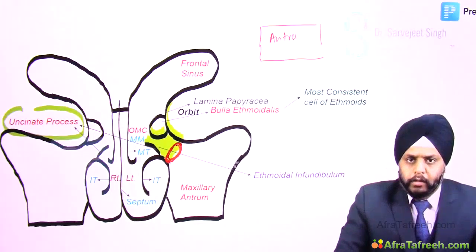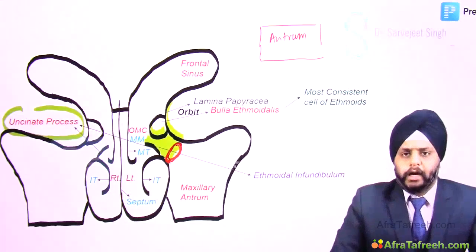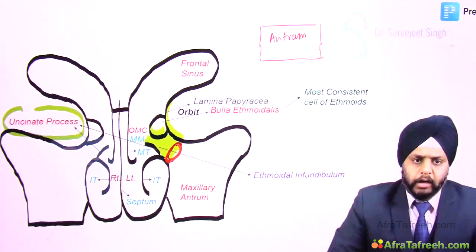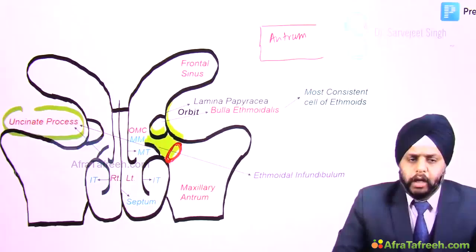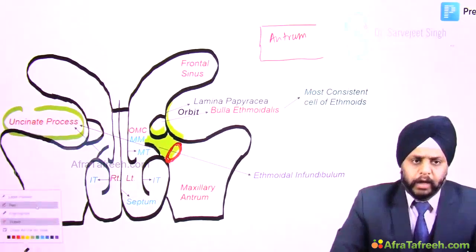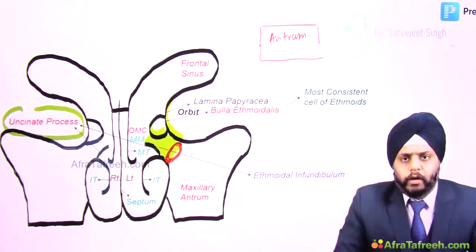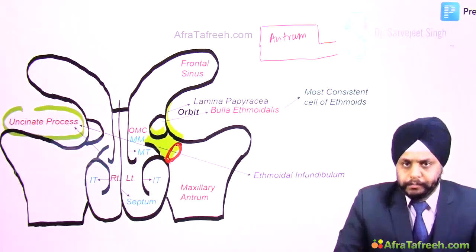This is the end point, the door of the antrum. From here you enter into the infundibulum. So this is the antrum, and you want to go out of this hall, you go in the lobby. This is the infundibulum.